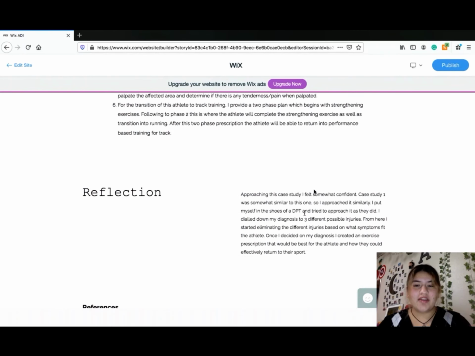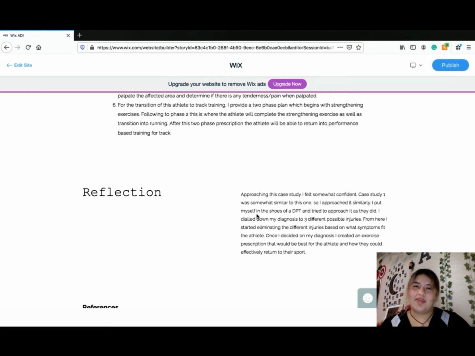And then going down here, I have my reflection and how I approached this case. I really approached this case the same way I approached the first one. I worked on putting myself in the shoes of a DPT, and the idea of getting 3 diagnoses really helped me ensure that I was picking the correct diagnosis.